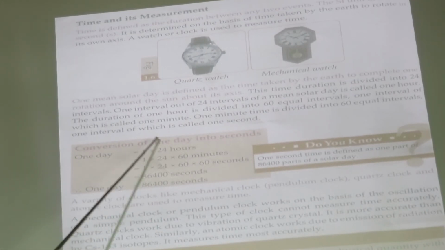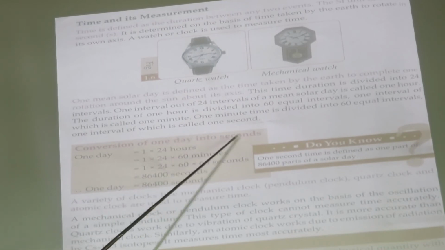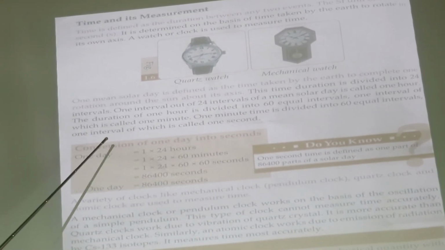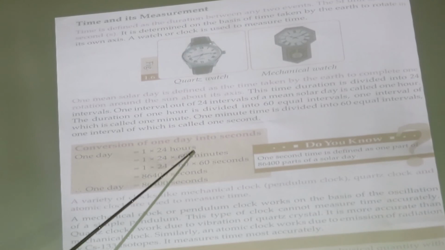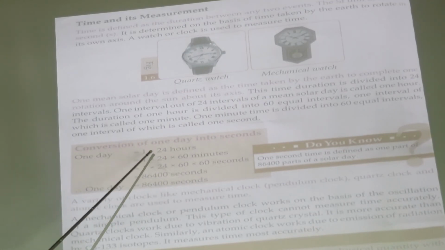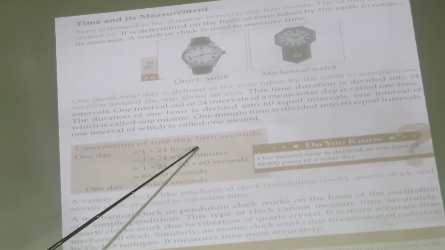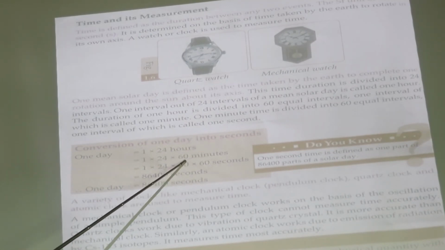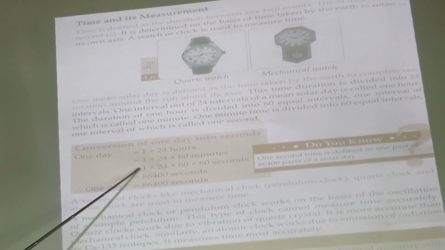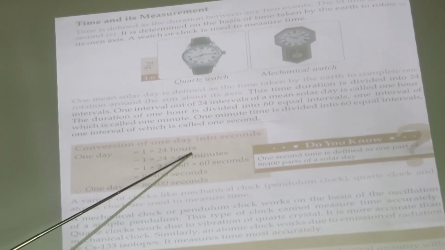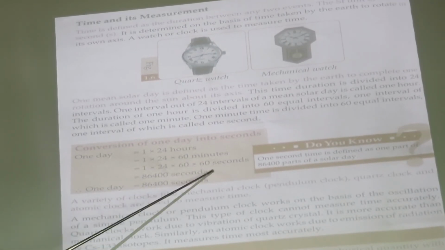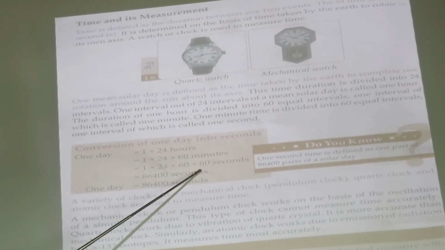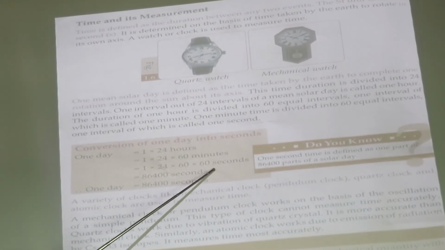Conversion of 1 day into seconds. 1 day is equal to 1 multiplied by 24 hours. In 1 day there are 24 hours, and in every hour there are 60 minutes, so we multiply by 60, and in every minute there are 60 seconds, so we multiply by 60 seconds.